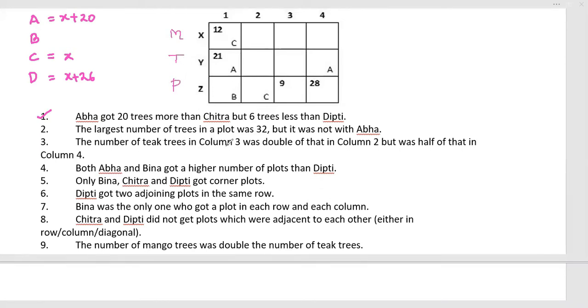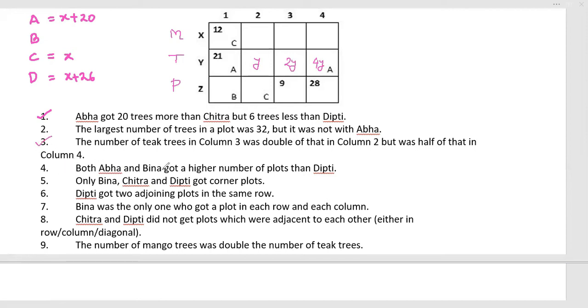So the number of teak trees in column 3 was double that of column 2, but half of column 4. So if I am considering, let's say this is Y, it should be 2Y, and this is 4Y. That point.